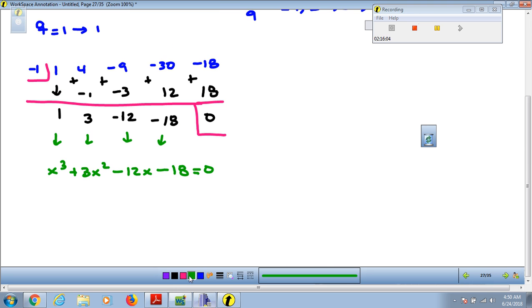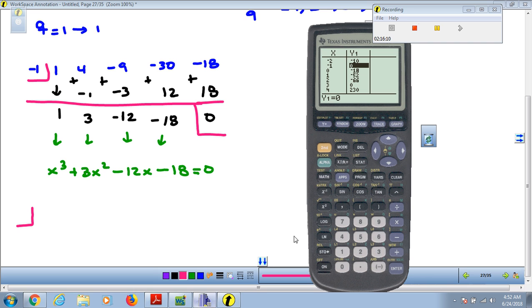Now, am I supposed to do synthetic division again with this same number or with a different one? Well, that negative 1 had an even multiplicity, right? It's touching and turning around on the x-axis. So it's okay if I use it again.